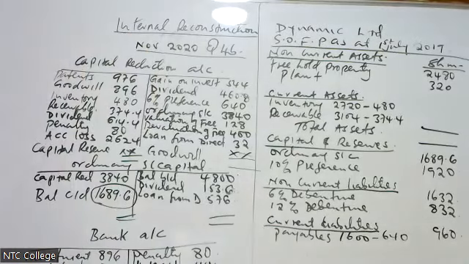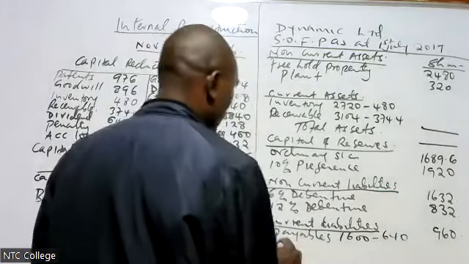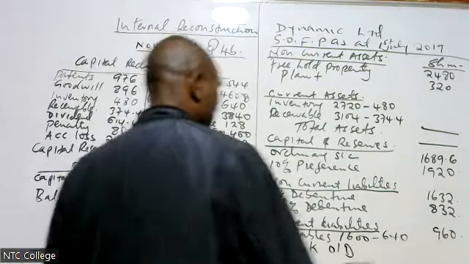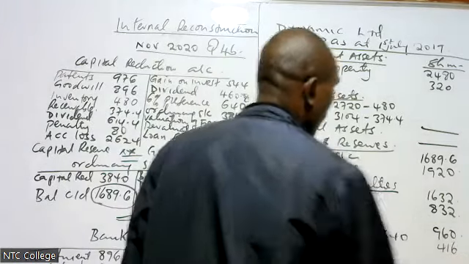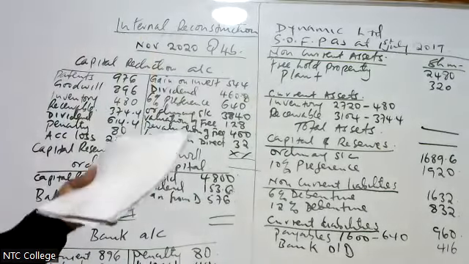We paid 640, 0.4 in every shilling. Then bank overdraft, we have 416 from our bank account.